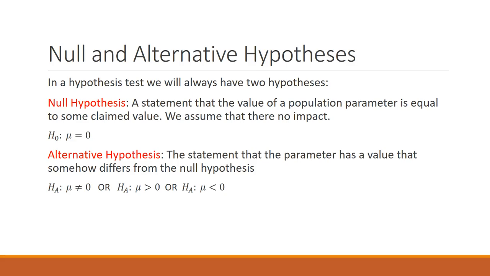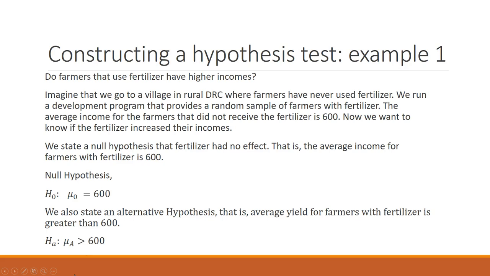And my alternative hypothesis would be fertilizer increases farmers' yields. Okay? And then we're going to see whether we can accept or whether we can reject or fail to reject the null hypothesis. We'll see that in a minute.